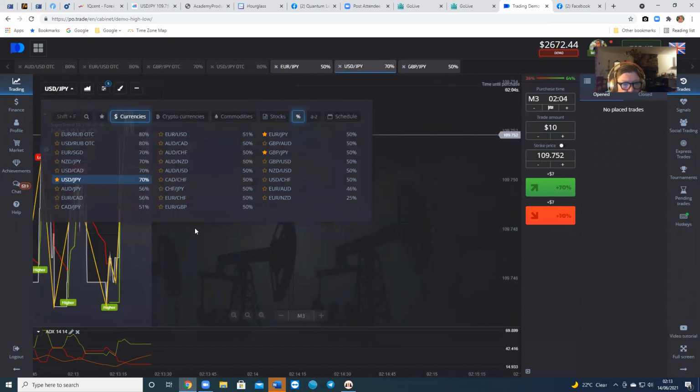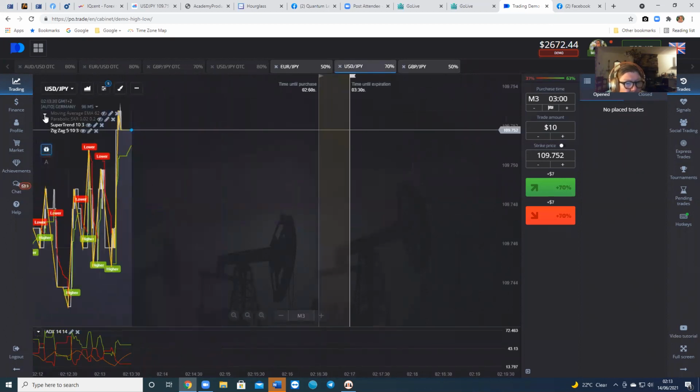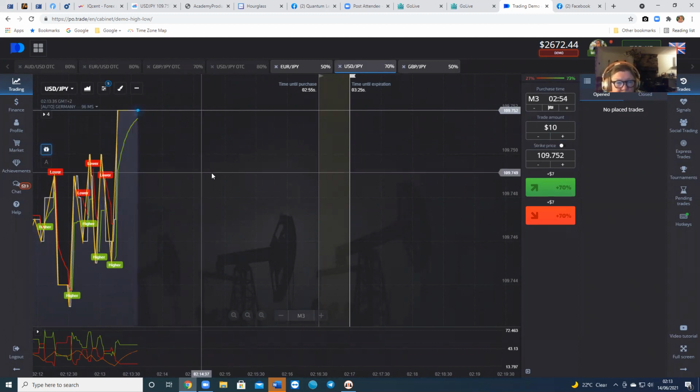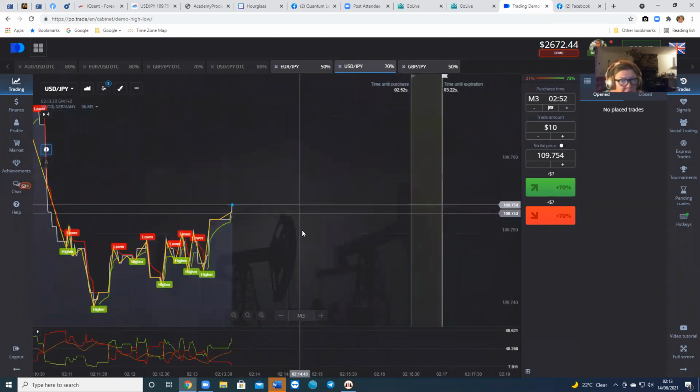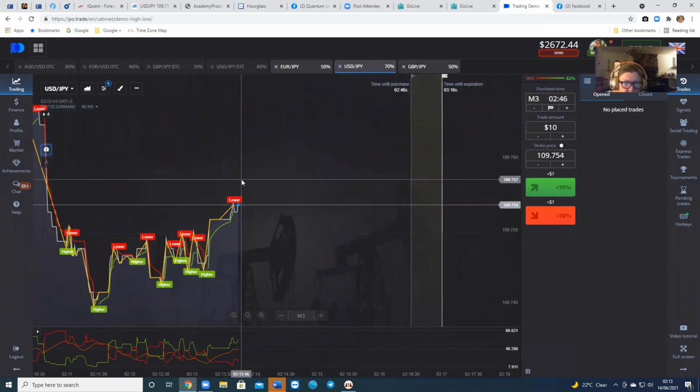USD JPY. I want it on 3 minutes. Now this is a fixed time. On Pocket Option, you don't get the option of rollover, but Ken Bremo does fixed time 3 minutes anyway.